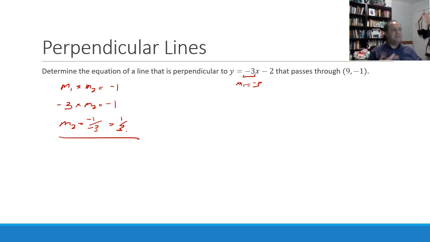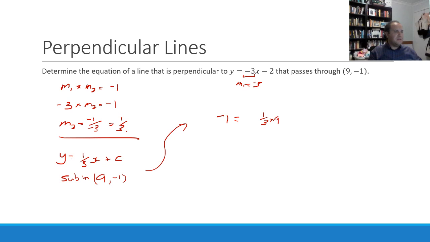And then once again, we know our gradient, so we can follow the rest of the steps to find the equation of our line. So y equals 1/3 x plus c. Substitute in our point (9, -1): -1 equals 1/3 times 9 plus c. -1 equals 3 plus c.